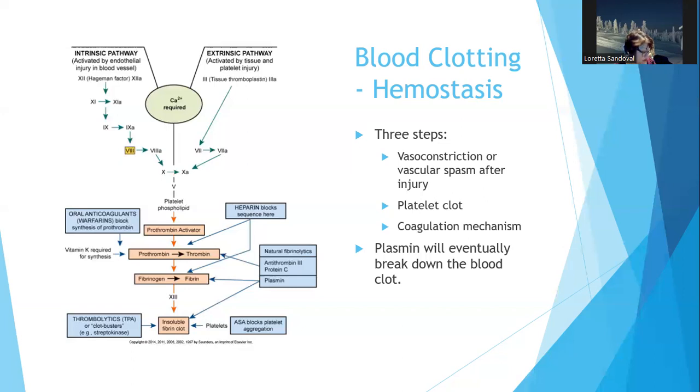Generally, damaged tissue and platelets release factors that stimulate a series of reactions and produce prothrombin activator. Prothrombin activator is also called factor 2. It's usually inactive in the plasma and it's converted into thrombin.